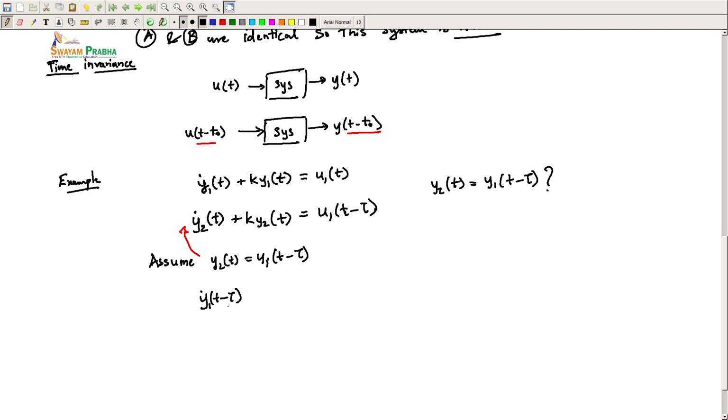So, based on that, what we get is derivative of y1 with respect to time t minus tau plus k y1 of t minus tau is equal to u1 of t minus tau. Now, let t minus tau is equal to some eta, and this concept is what we call the change of variables.